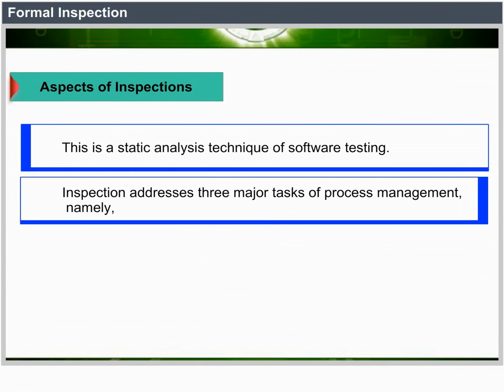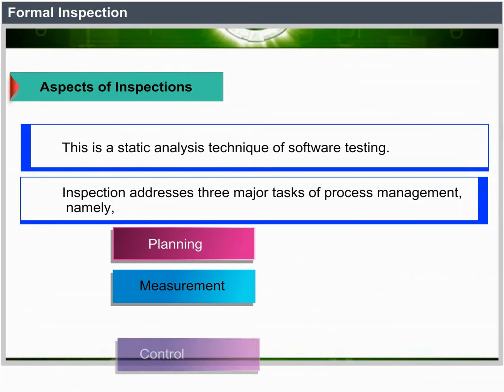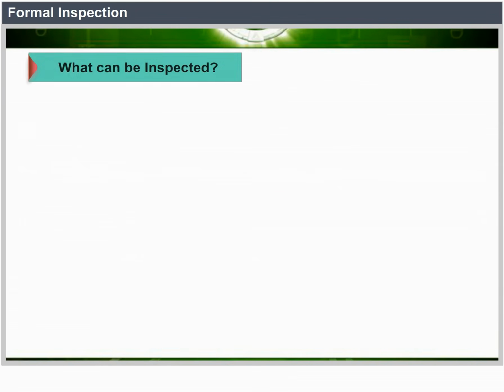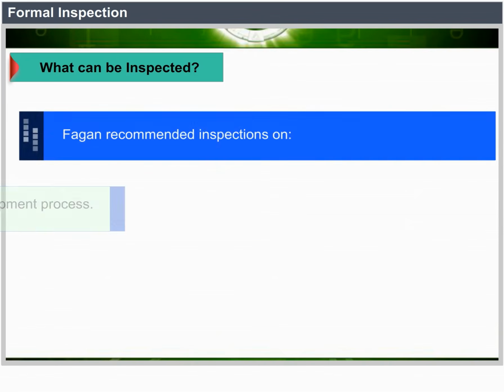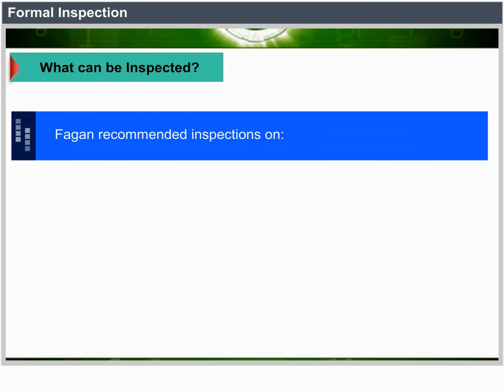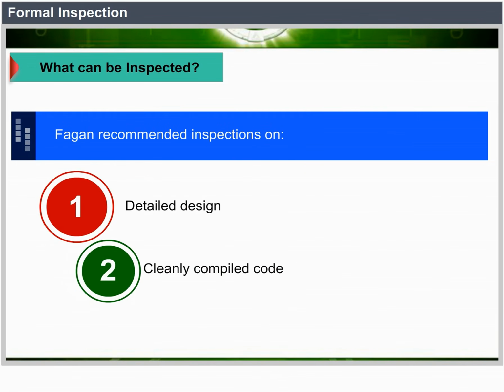Inspection addresses three major tasks of process management: planning, measurement, and control. What can be inspected? Inspections can be held at various points in the development process. Fagan recommended inspections on detailed design, cleanly compiled code, and completion of unit test.